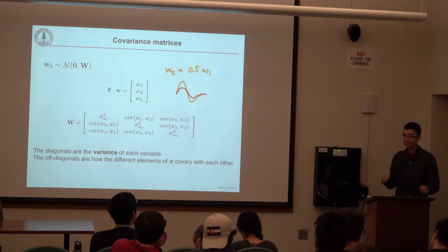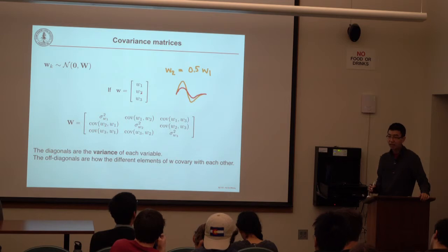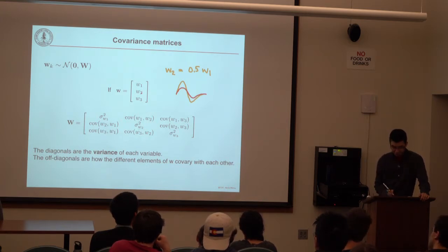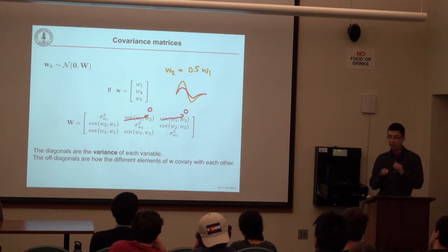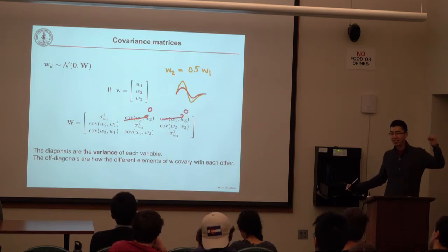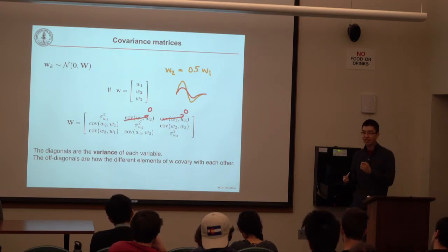All right, Nathan? So if none of those are related, if they're all independent from each other, then there is no covariance. Exactly. If the noise is independent, then all of these terms will go to 0. And then W will just be a diagonal matrix where for every single term in the diagonal, you just have the variance of that dimension.